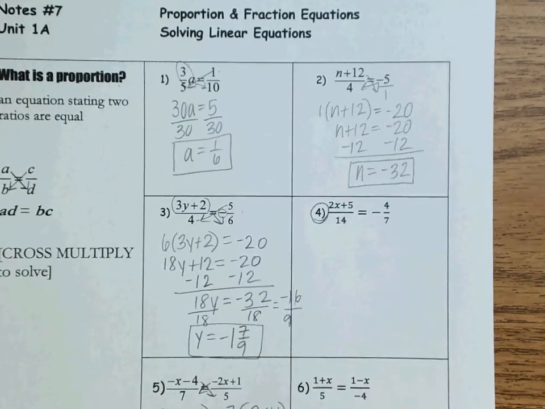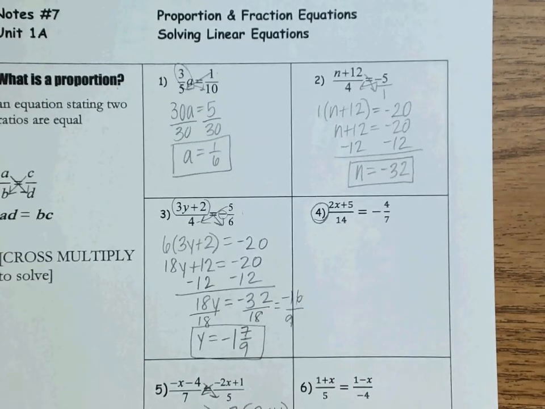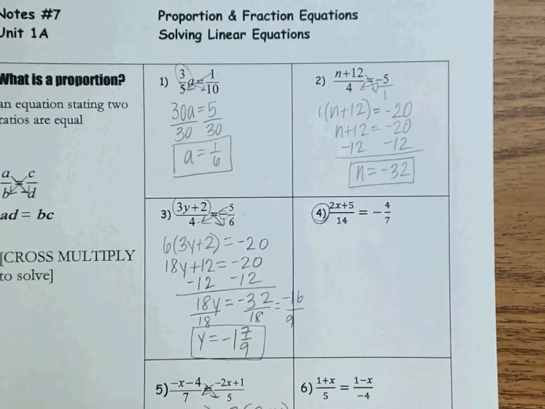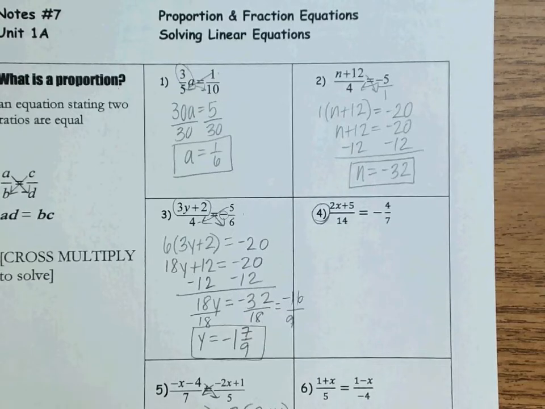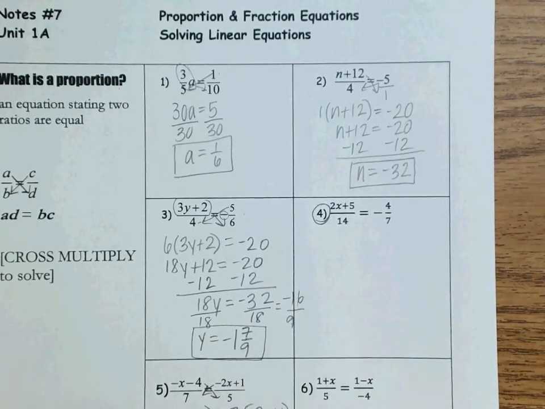And then we'll start with our variable terms, getting them to one side. So I add 14x to both sides. When I do that, we get 9x minus 20 is equal to 7. So now I'm going to add 20 to both sides.